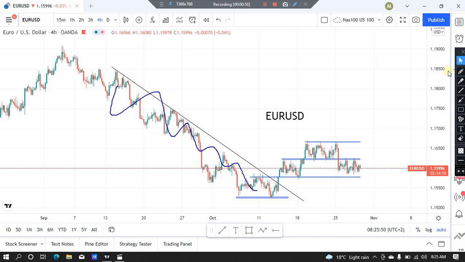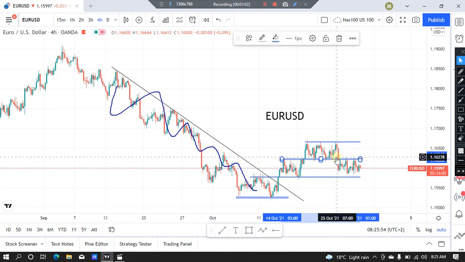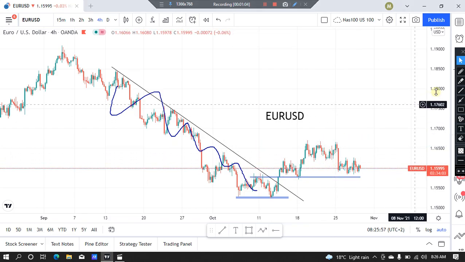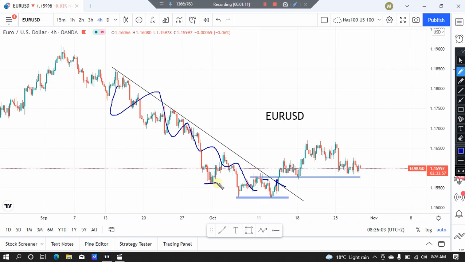Then after, we see the market breaking this resistance. But this level, do you see this level? When the market retested this level again, when we look back, we see that there is an area where the market used to respect.